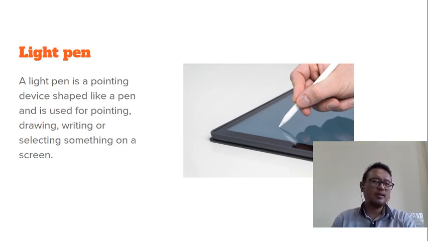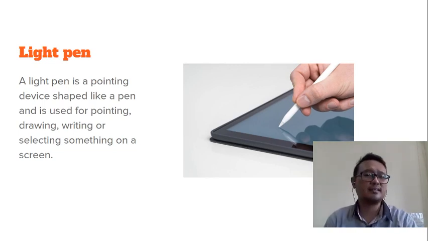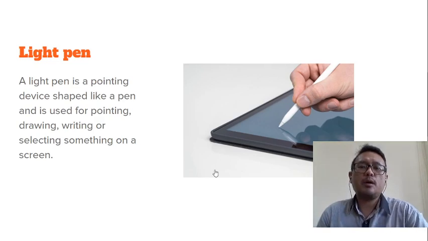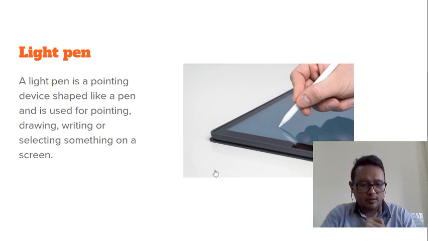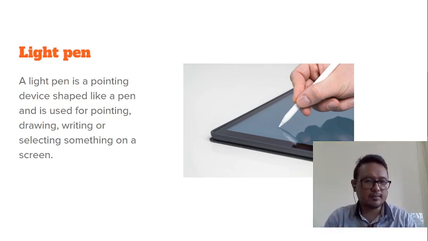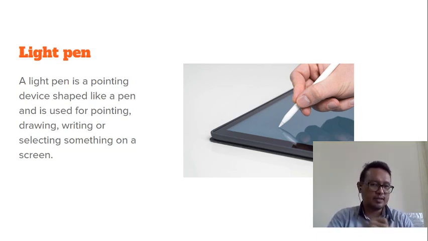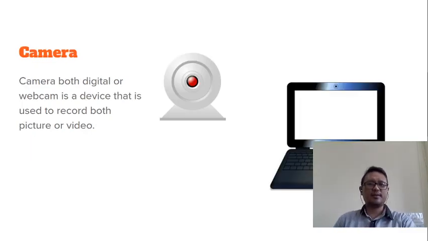Usually we call it a stylus. We always use that pen to draw something. If you have an iPad, Samsung Tab, and you need to draw, it will give you a nice result for drawing using that pen.